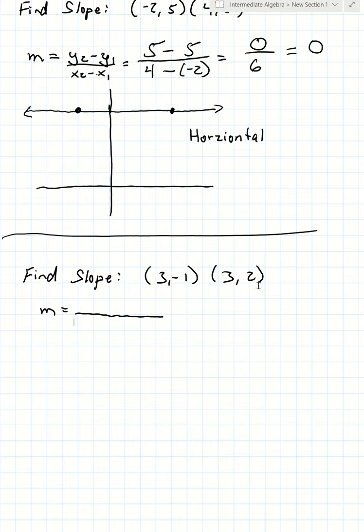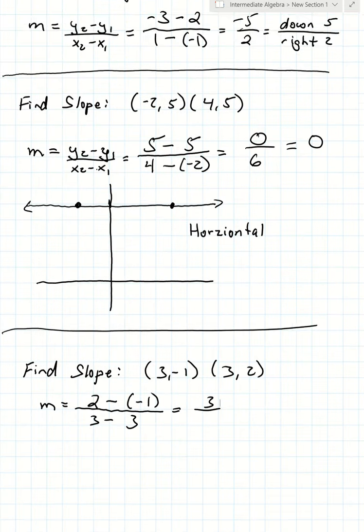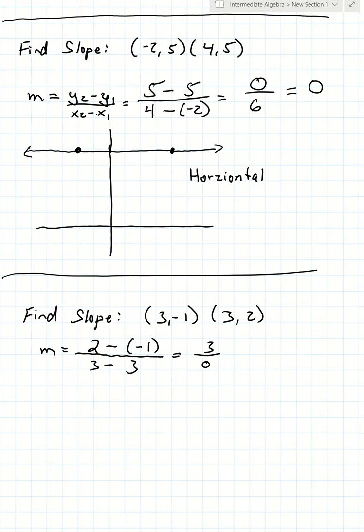I start with y sub 2, which is 2, minus y sub 1, the -1. Then we have to do x sub 2, the 3, minus the x sub 1, 3. When we simplify here in the numerator, 2 minus the negative 1, that's 3. 3 minus 3 would give us a 0 in the denominator.